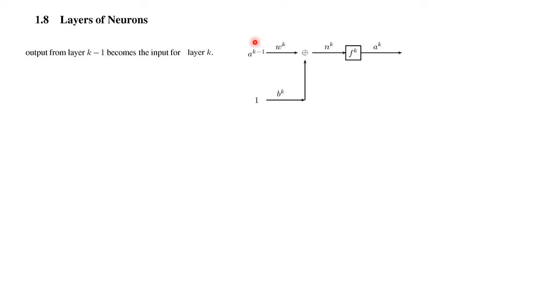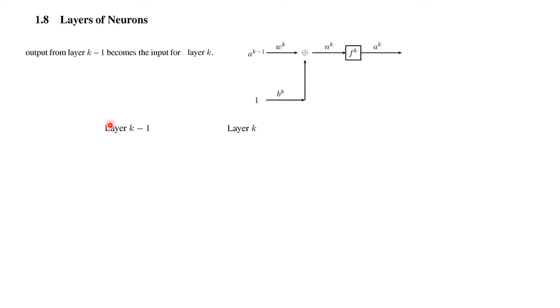The weight matrix times A^(k-1) plus this bias b^k is going to give us the input into this layer of neurons. Each neuron has function f^k, so it could be tansig or logsig, one of those transfer functions, and A superscript k is going to be the activation out of layer k.